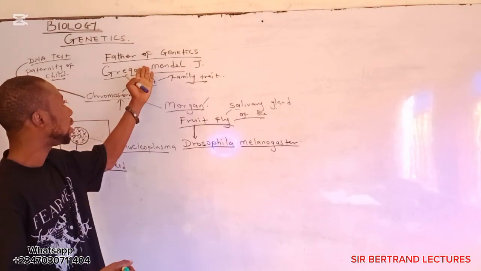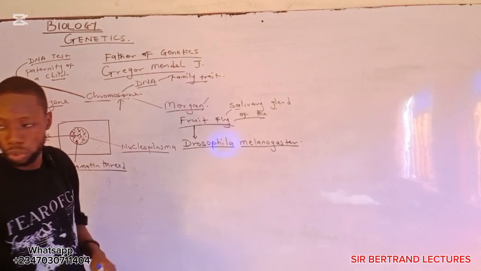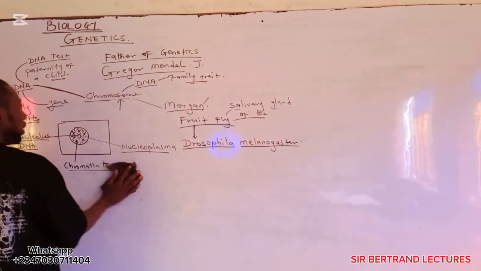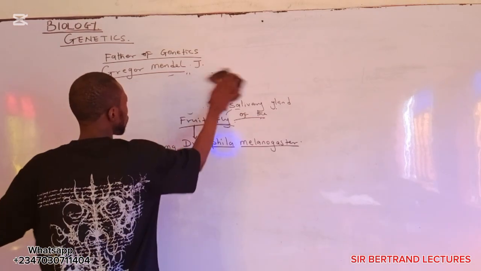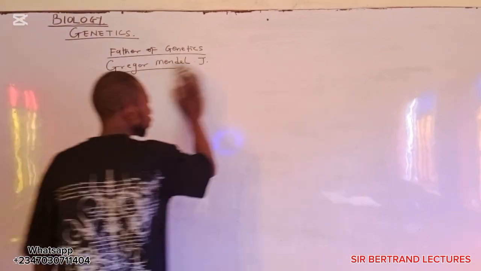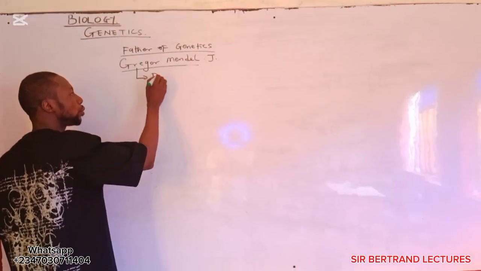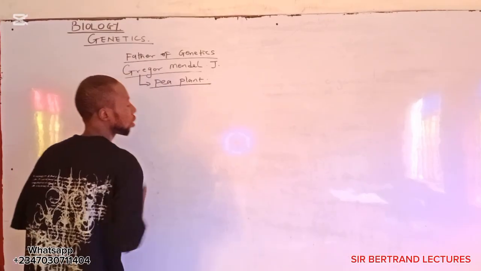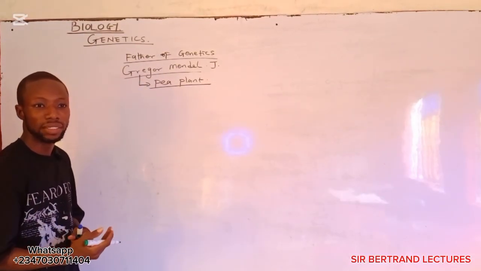Now, let's look at the father of genetics, the experiment he did, Gregor Mendel. Let's find out what he did in the study of genetics. Gregor Mendel, in his experiment, used pea plants. Right? He was trying to discover how traits are transferred.